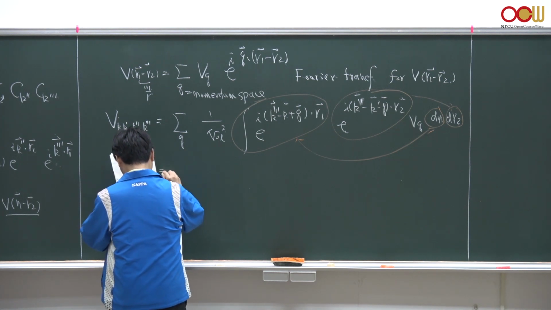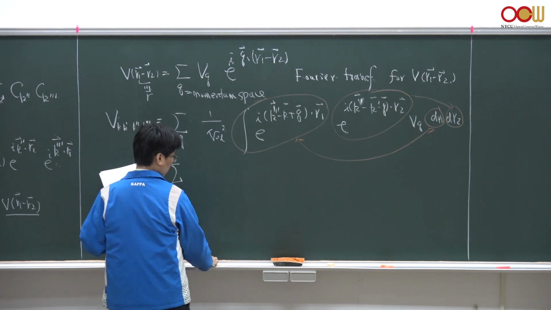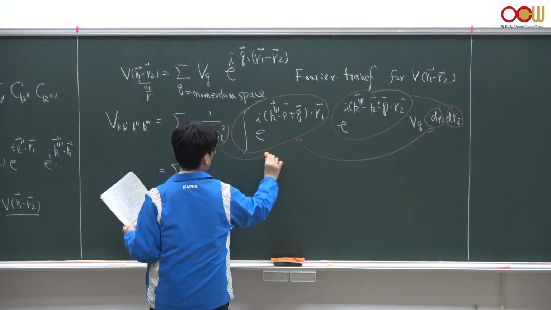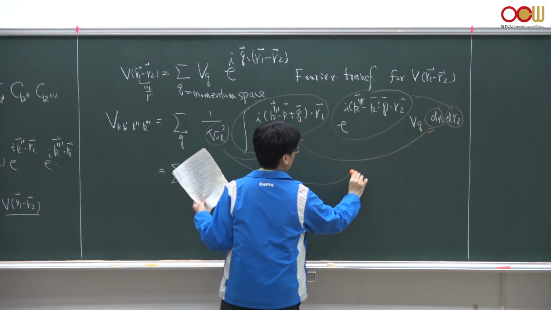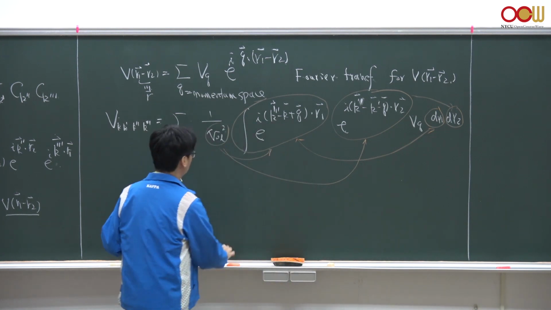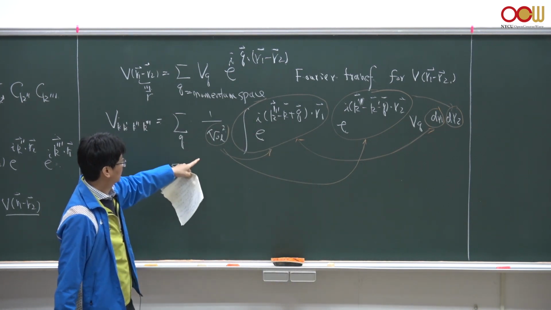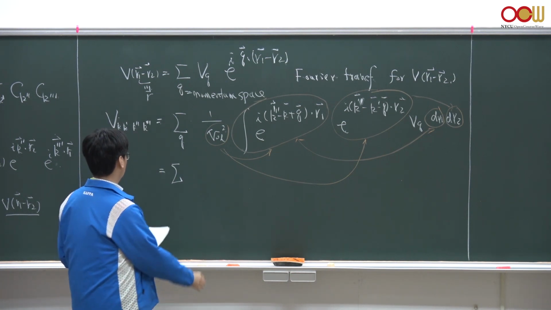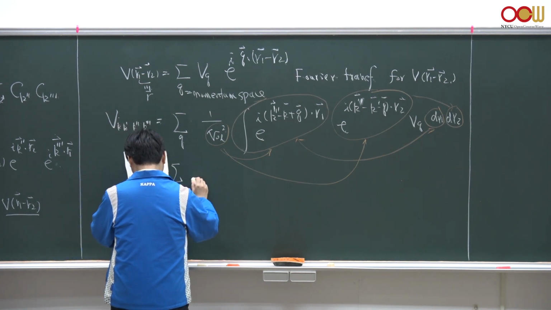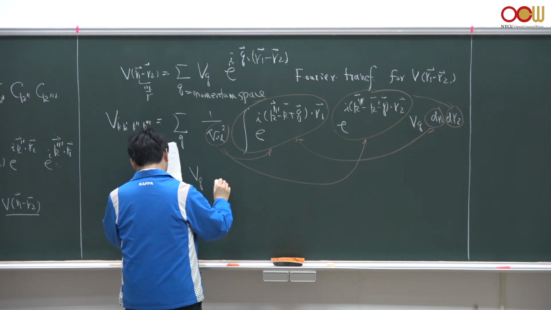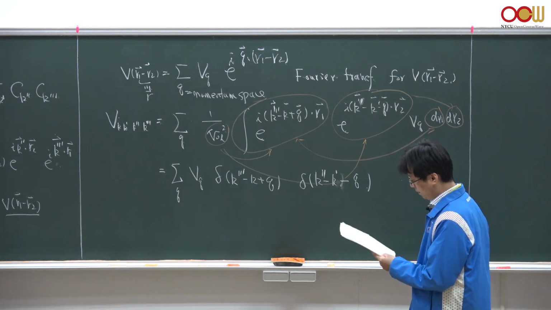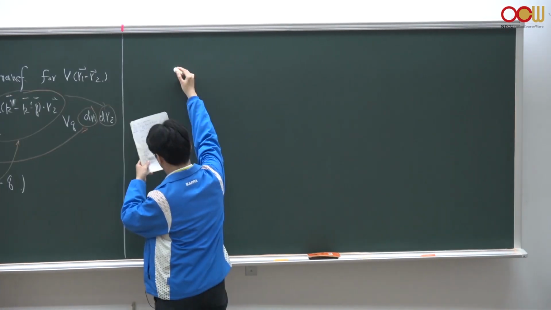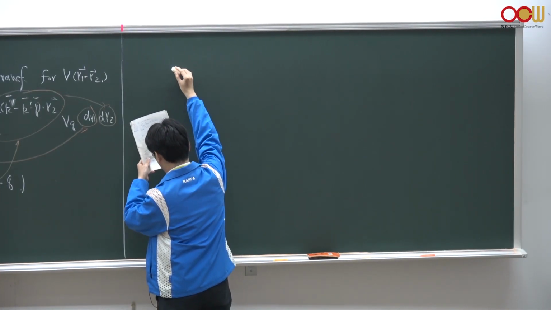Of course, you should just give this volume factor 1 for each of this double integral, and after this real space integral, you get delta functions. So now let's just plug this matrix element back into this Fourier integral of the Coulomb potential.